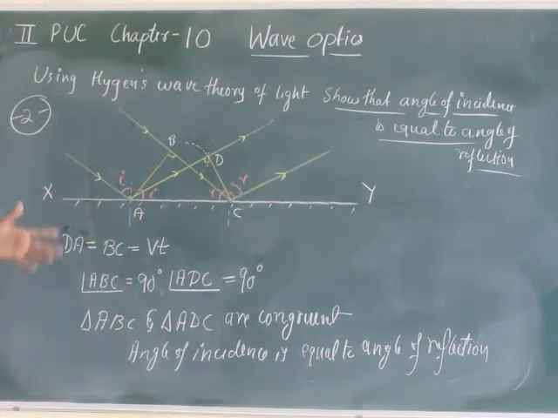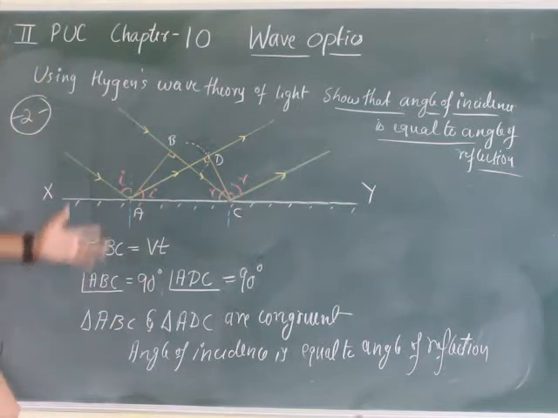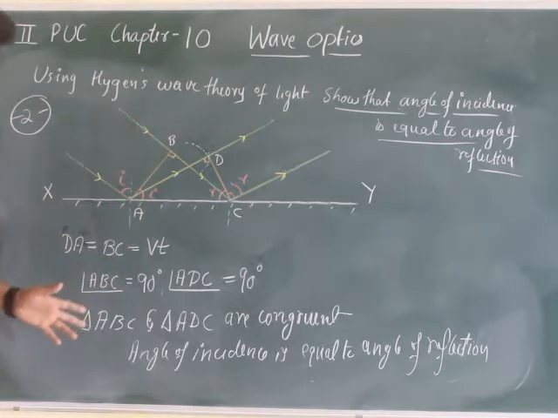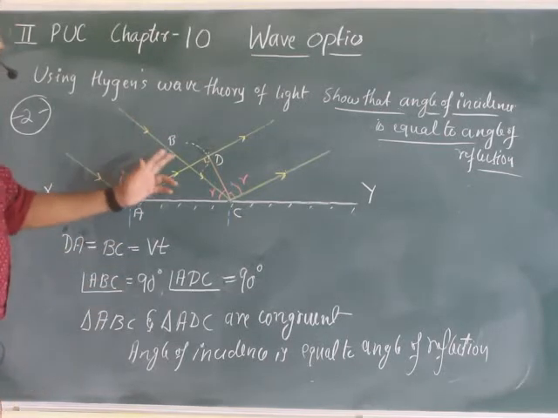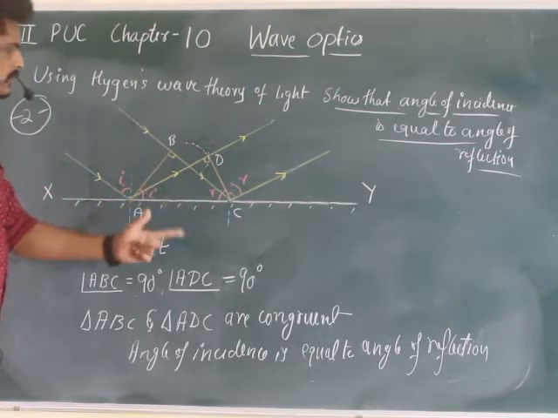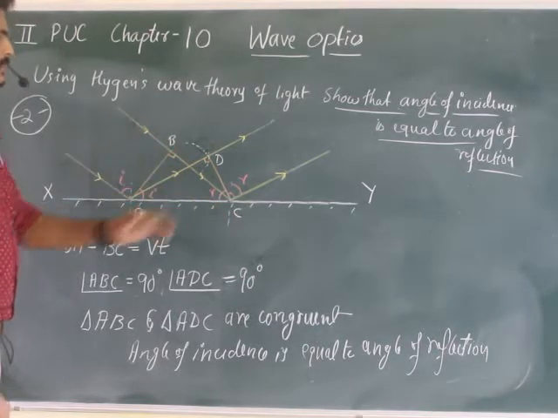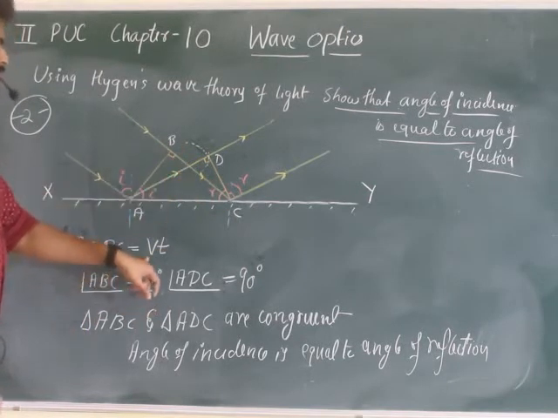So how to start? Consider an XY plane where the ray of light will reflect, and a plane wavefront is made incident on the surface XY and undergoes reflection. Then let BA be the plane wavefront. Next, let BC be the distance the second ray has to travel further in order to undergo reflection, right? So BC equals velocity into time.